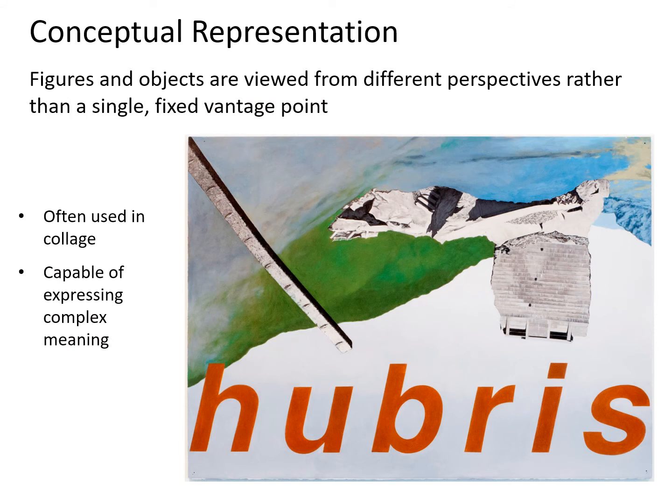Conceptual representation is where the artist has largely or completely abandoned the conventions of optical representation. Quite often it involves a collage-like composition, many different visual elements that are all juxtaposed together in seemingly an irrational fashion. In this particular example by somebody that you know, it's talking about the St. Francis Dam disaster in 1928, and it includes snippets from photographs in black and white, text, irrational color, inverted images.